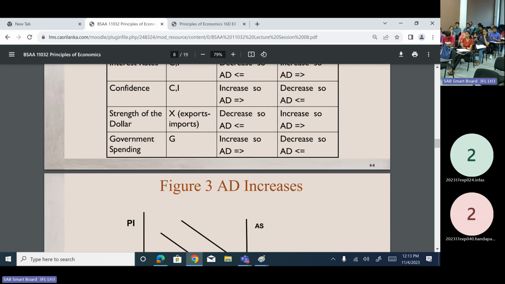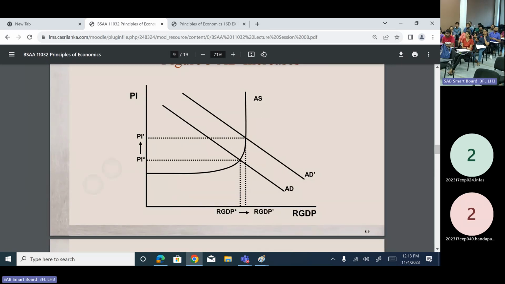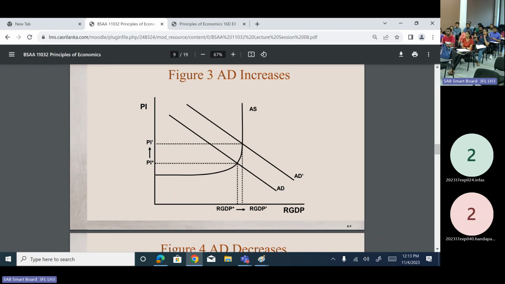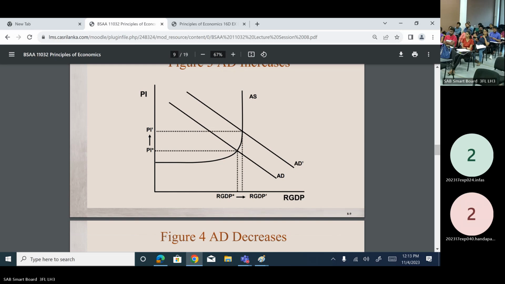Now look at this. This you need to know. If there is an aggregate demand increase, a shift outward or to the right, what happens to price and RGDP?